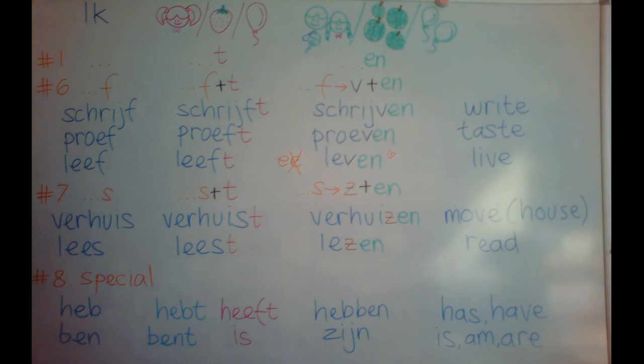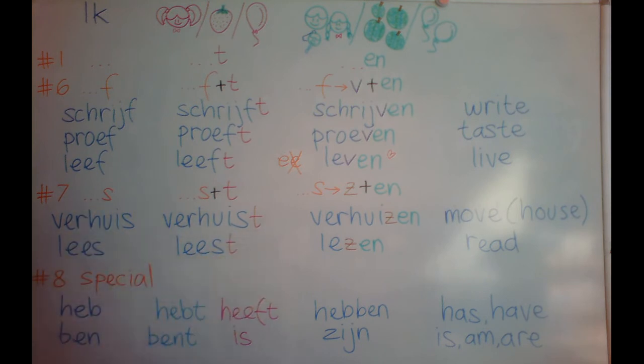Number 7. If the last or at the end of the verb is S, for ik, for subject that consists of one, you just have to put the T at the end of the word.